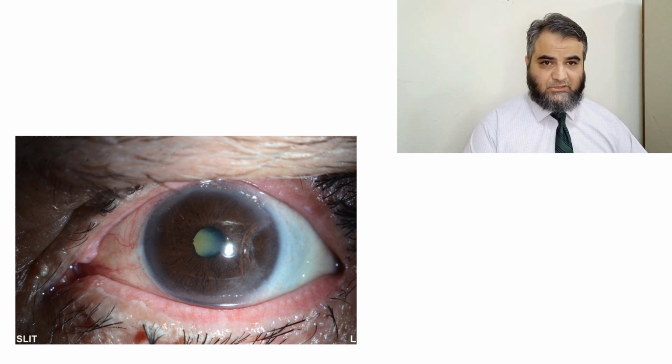We are still following this patient, and you can see how in this interesting case, the lesion was occupying that much bulk area, was removed, and now it is showing signs of improvement on follow-up.